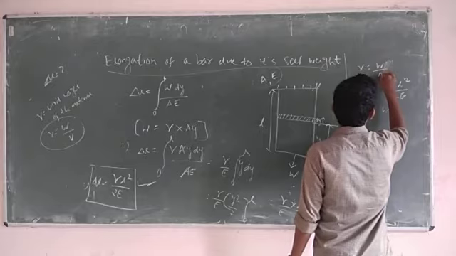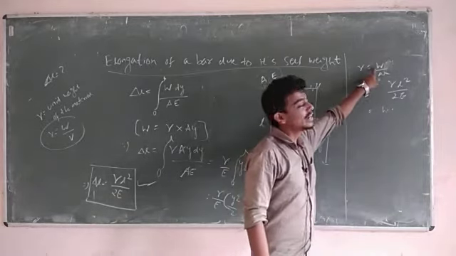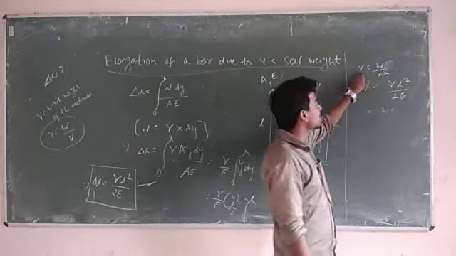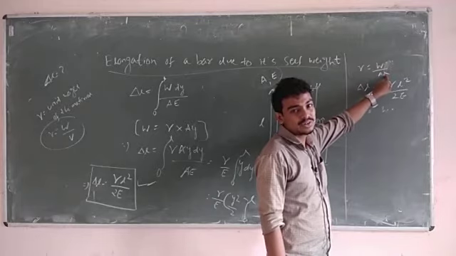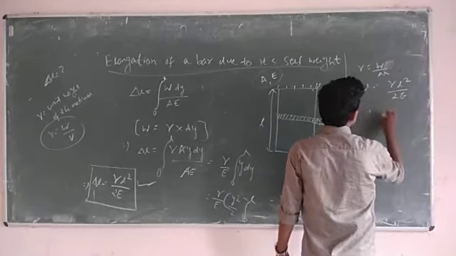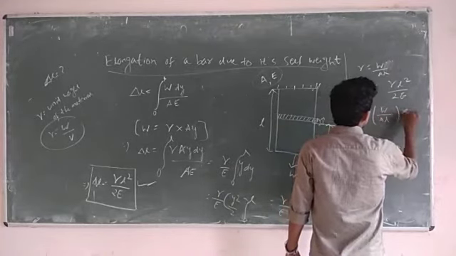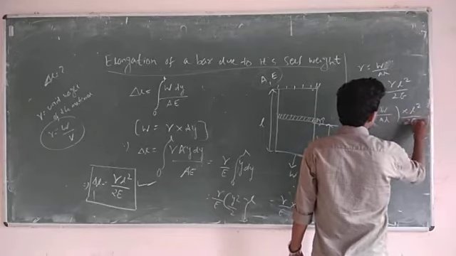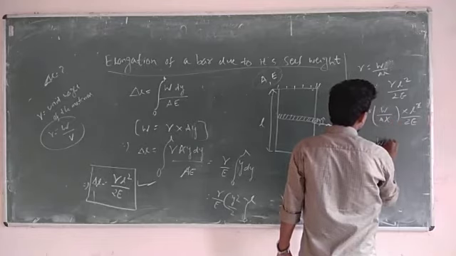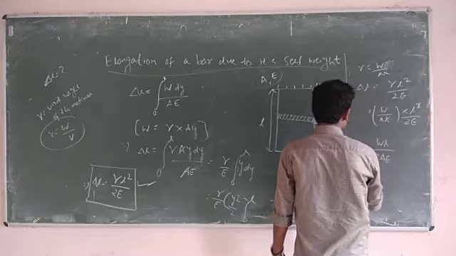Sorry for that, because unit weight means weight by volume, not weight into volume. By mistake I had written that. Volume means area into length. So gamma equals W by A L, into L square by 2E. Here L square and L cancel, so we are getting WL by 2AE. Here is the elongation.